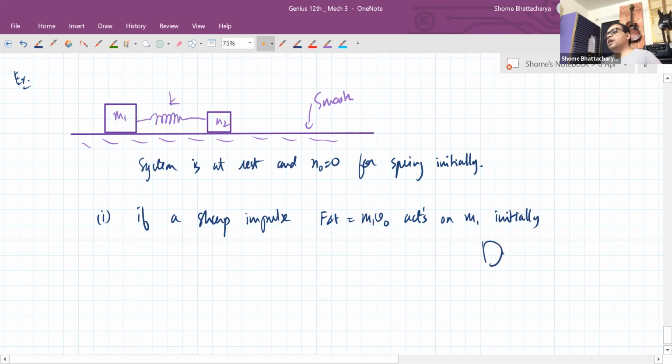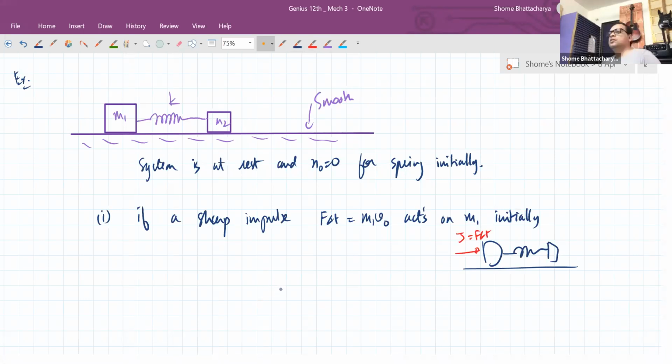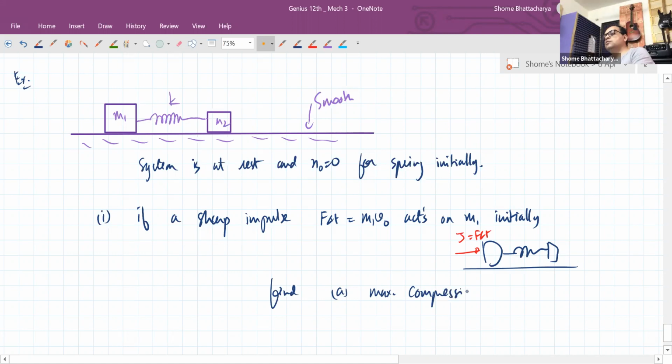Then we have to find the maximum compression of the spring, and let's do this parametrically, and the maximum speed of M2.